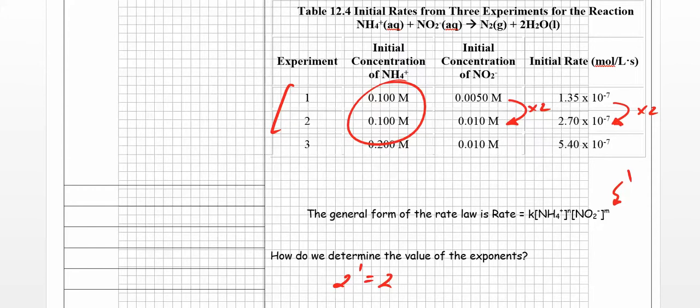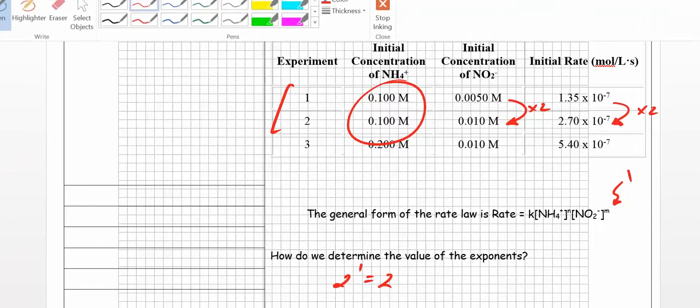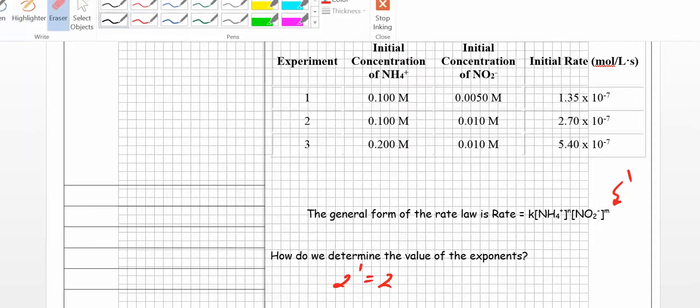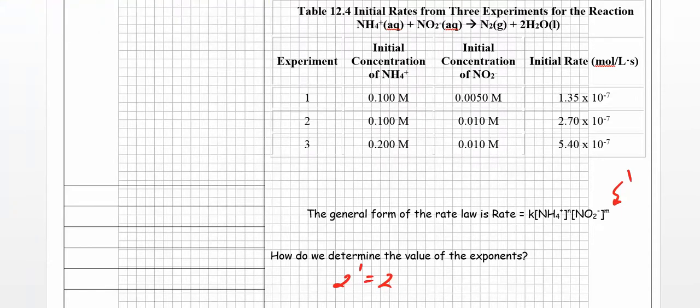Okay, fair enough. Now let me erase this, and let's look at two different experiments. We're going to look this time at experiments 2 and 3. I want you to notice this time when we compare these two that the initial concentration of the NO2 minus is remaining constant, but the initial concentration of the NH4 plus is doubling, right?